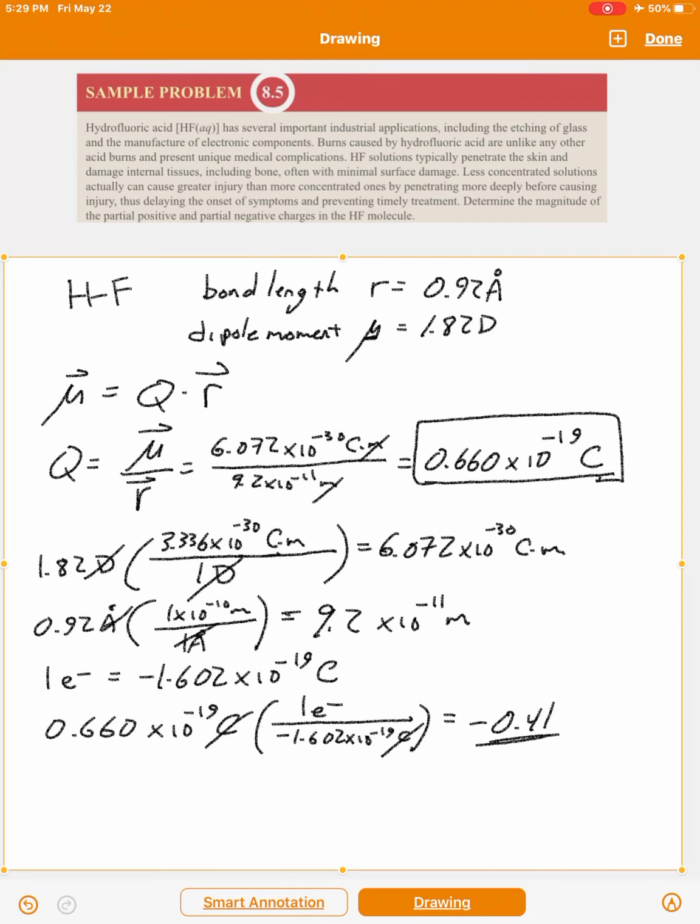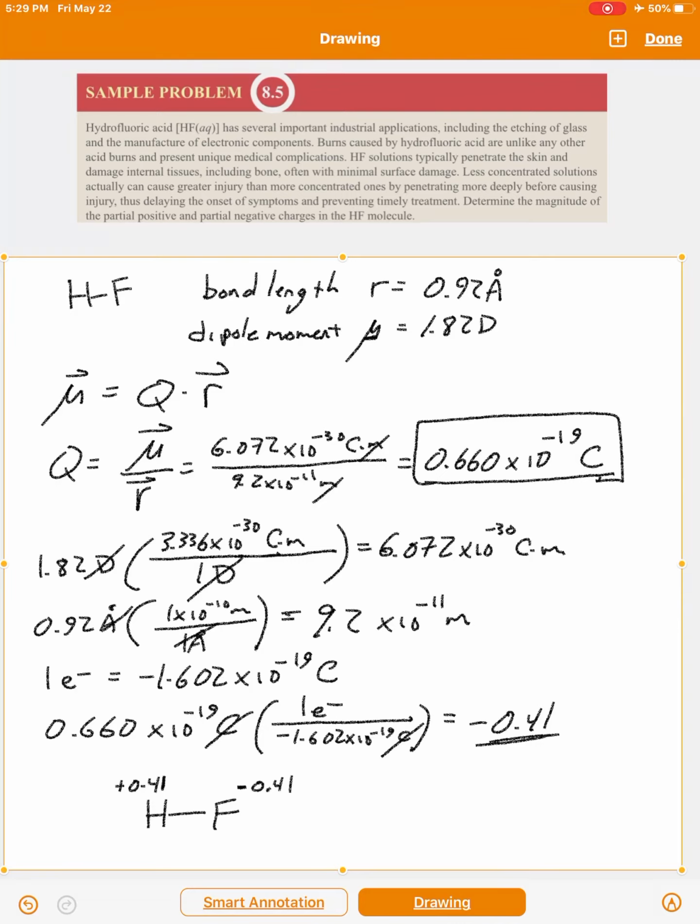So here's what happens. The H and the F are both going to have the same charge magnitude, but the more electronegative atom will have the negative value. So it's around 41% the charge of an electron. And then this would be plus 0.41. Okay, remember they have to add up to 0, so they have to have opposite charges. But that's very useful.